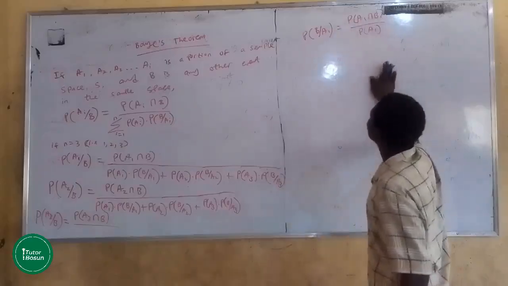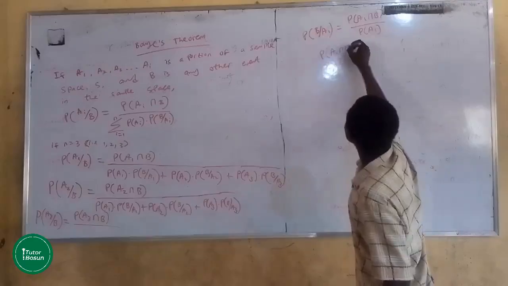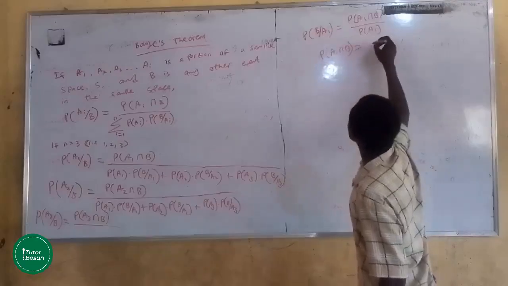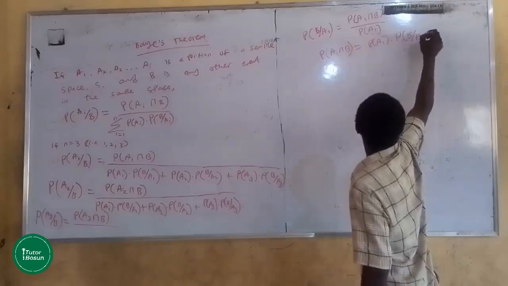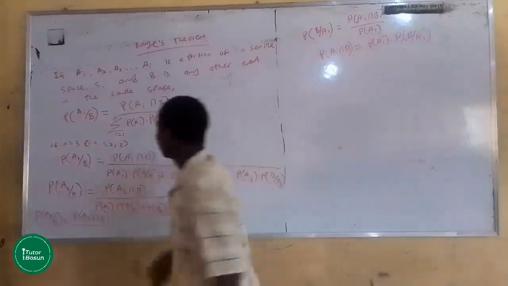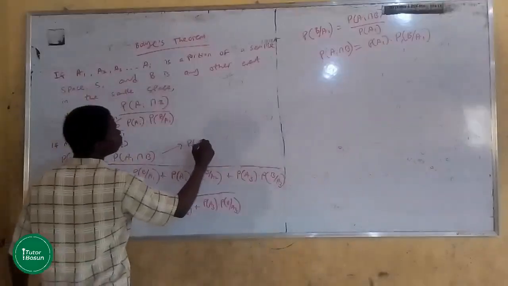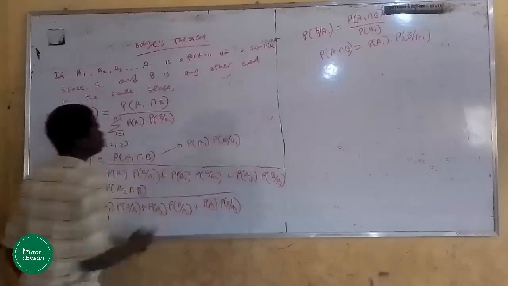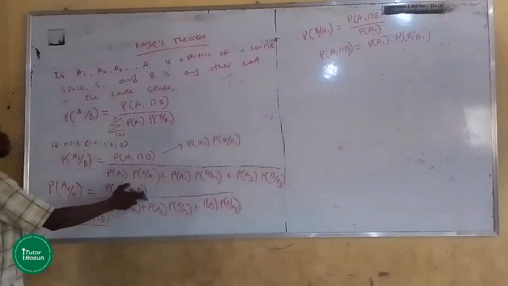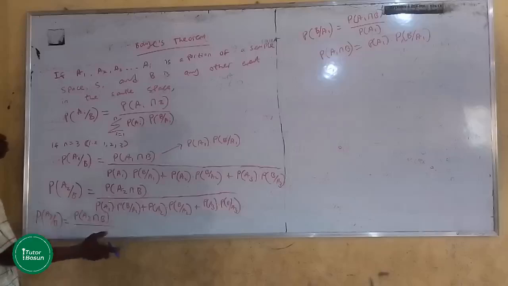So making this the subject of the formula, you can simply say the probability of A1 intersection B is equal to the probability of A1 times the probability of B given A1. So you can substitute this for this. So we can definitely say this equals the probability of A1 multiplied by the probability of B given A1. Same thing applies to this. So this will definitely be the probability of A2 multiplied by the probability of B given A2.